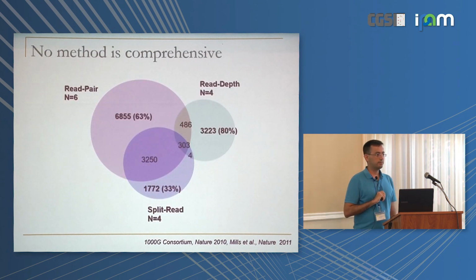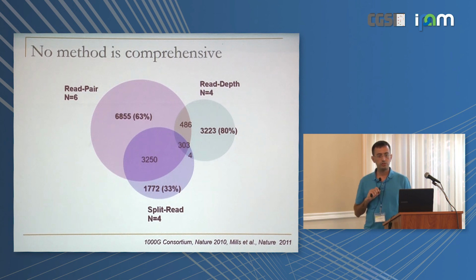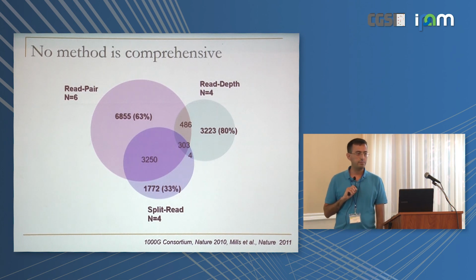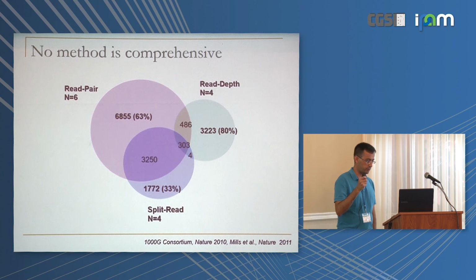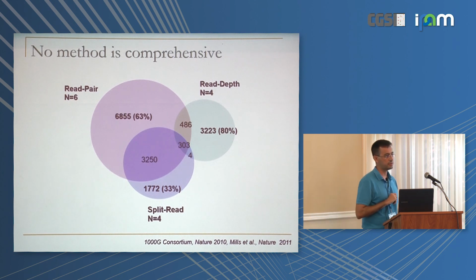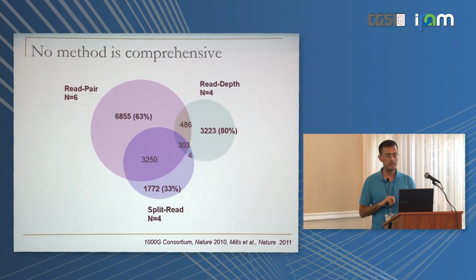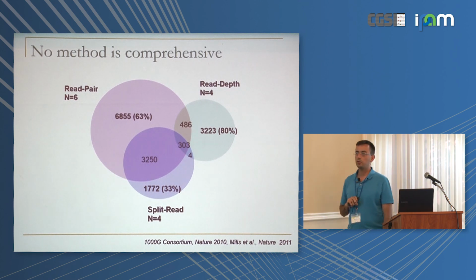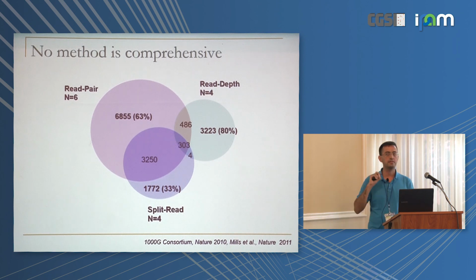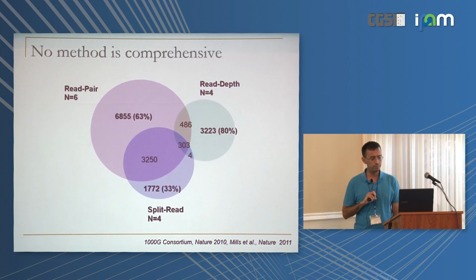So now we already know that no technology is superior to the other. Is any method superior to others? Again, the answer is no. So looking at 14 of those 19 algorithms, excluding the assembly-based ones, if we look at those validated deletions, we still see differences in detection power.